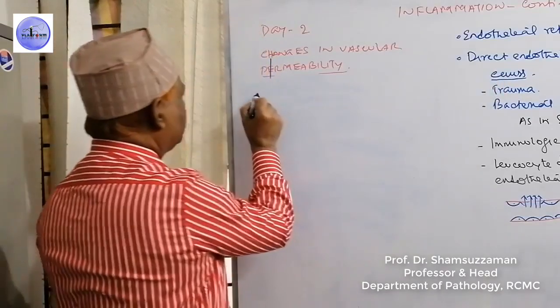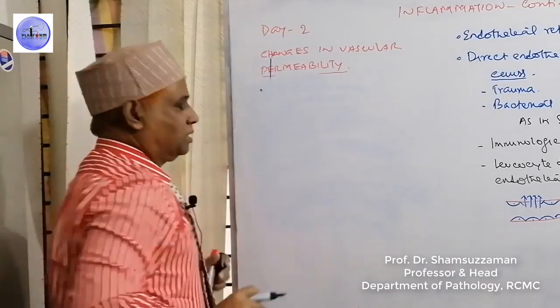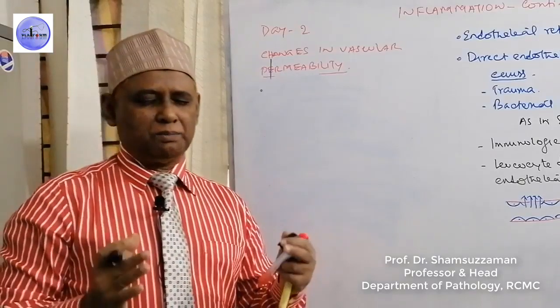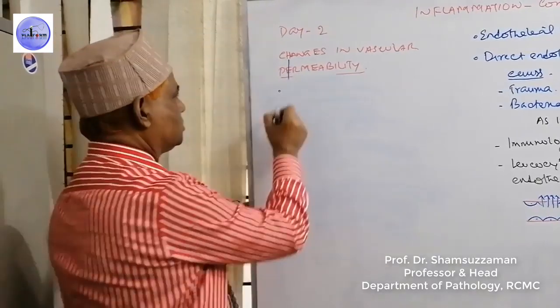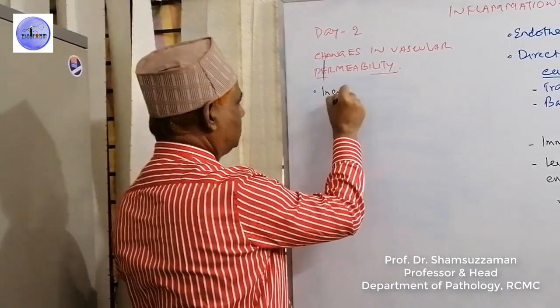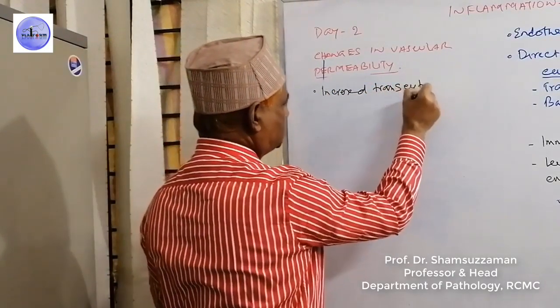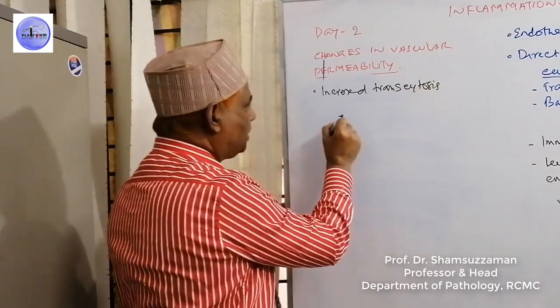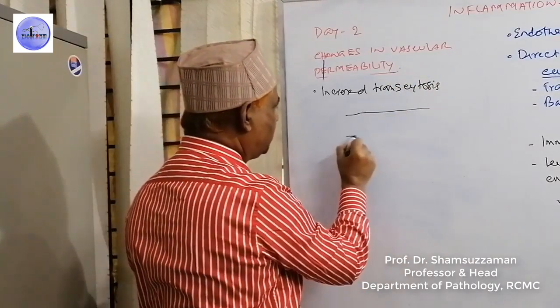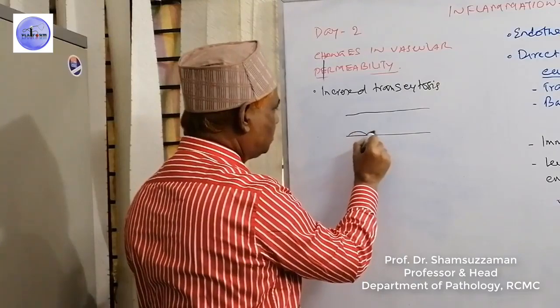Another cause of increased vascular permeability is increased transcytosis. Dear audience, this is a capillary blood vessel lined by endothelium.